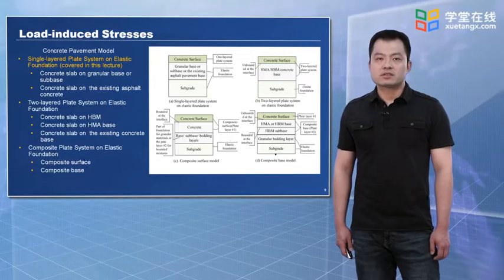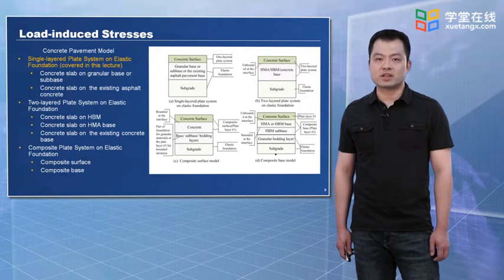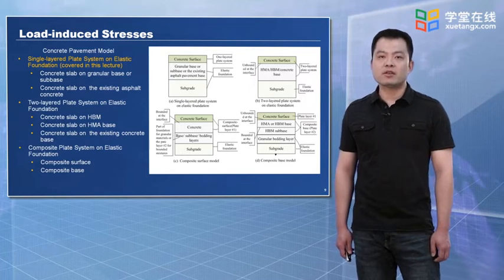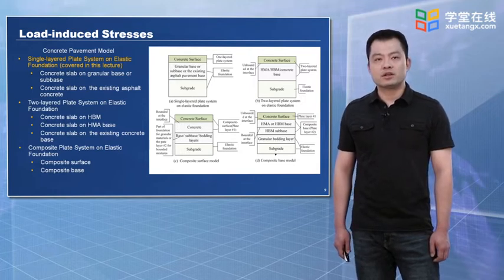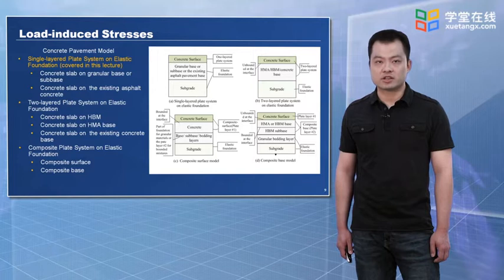There are single-layered plate system on elastic foundation, 2-layered plate system on elastic foundation, and composite plate system on elastic foundation. Among the 3, we are only going to talk about the stress analysis of single-layered plate system in this lecture.